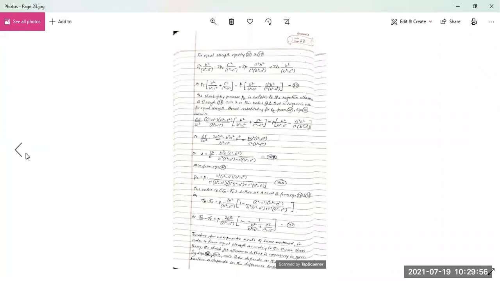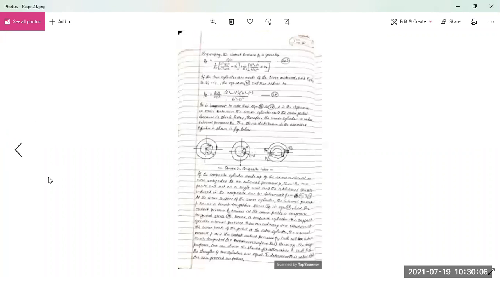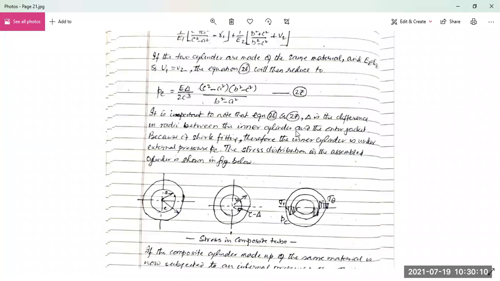What we are discussing here is that in equations 26 and 27, delta is the difference in radii between the inner cylinder and the outer jacket because of the shrink fit.